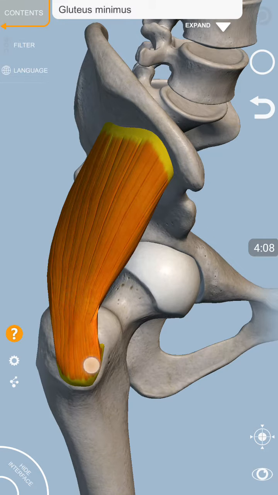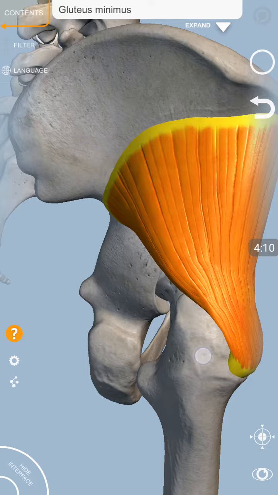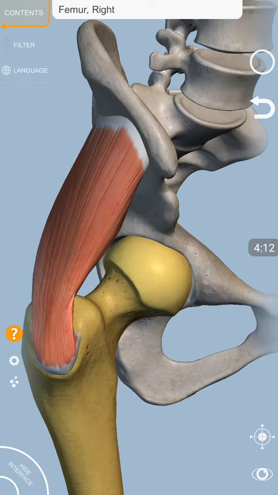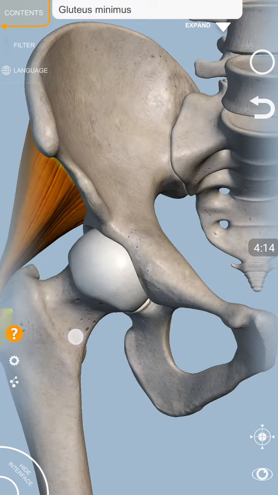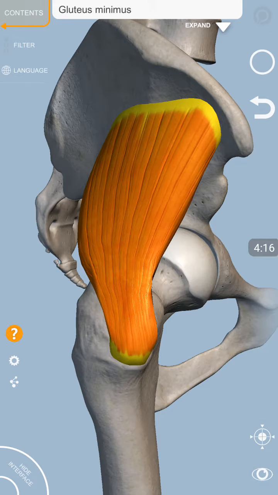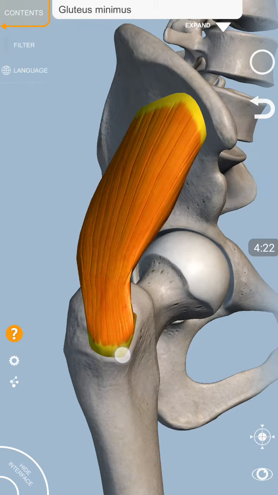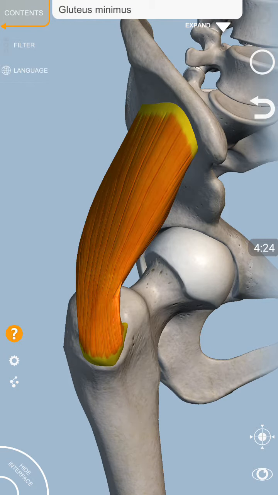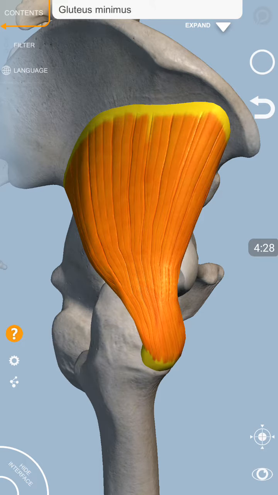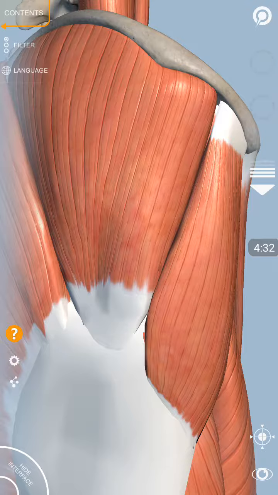This muscle gets inserted into the greater trochanter of the femur on its anterior aspect. When this muscle contracts, it produces medial rotation of the femur. This muscle is also supplied by the superior gluteal nerve.